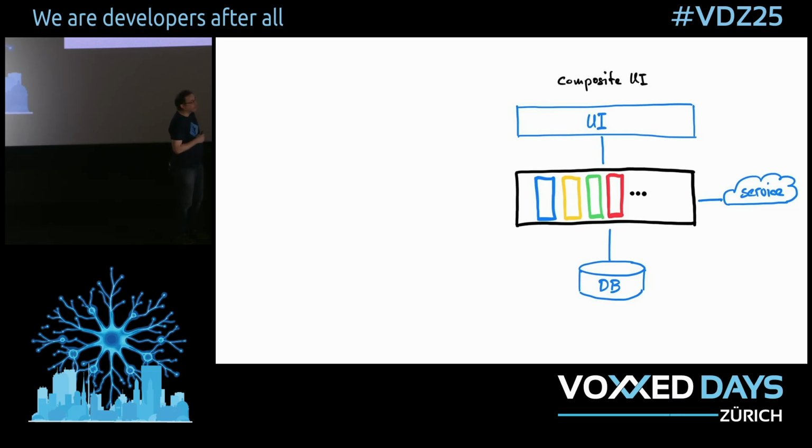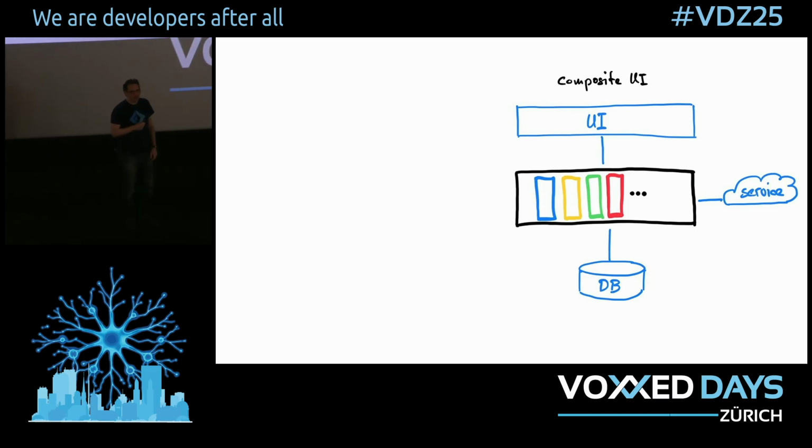But at least we can use the same concept in the user interface and in the database. So we can, of course, use slicing in the user interface as well. But there it gets a little bit trickier, because often in the UI you have to show data from multiple sources together. It's an aggregate view.